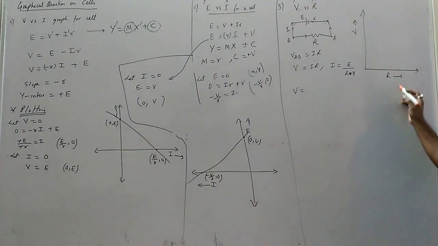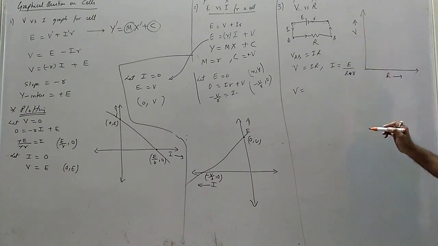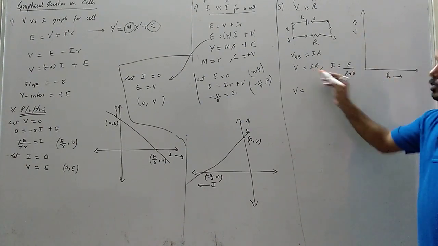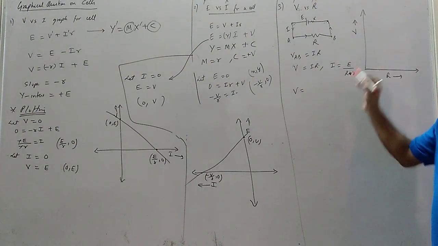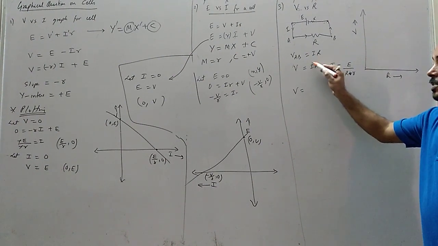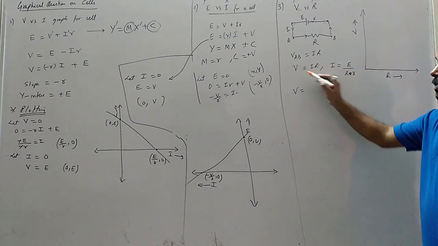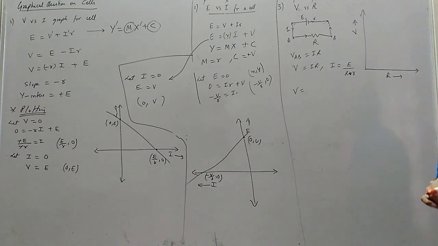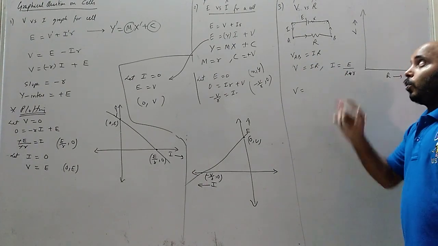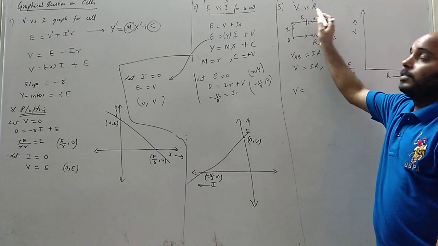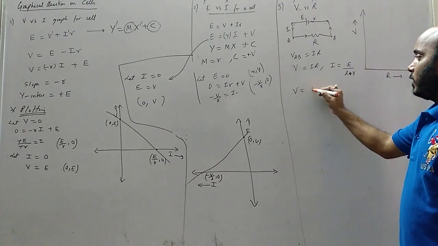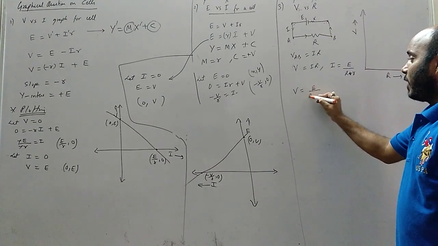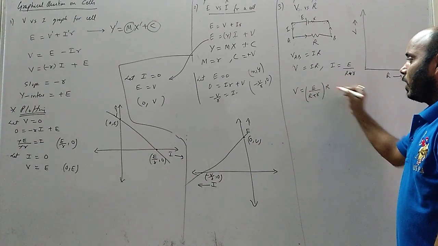But here, when I am changing this R, current will also change. So current is not constant. So I have to remove this variable because there are 3 variables. I cannot plot the graph. I want only those 2 variables which I need here. So I will substitute in the place of I, E by R plus r into R.